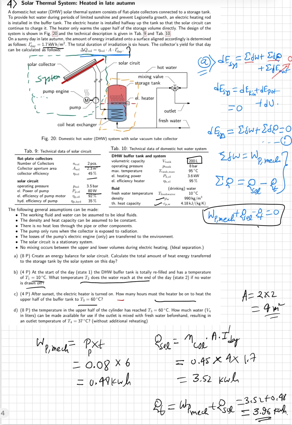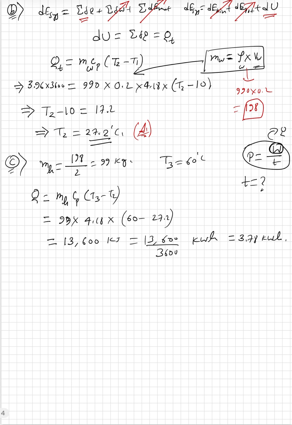Now we have the efficiency of the, sorry, the efficiency of the heater. We are considering the heater here because it is our system in this problem, and it's 0.95.